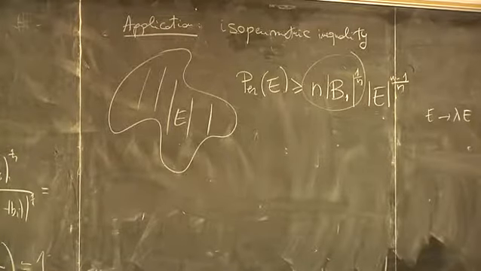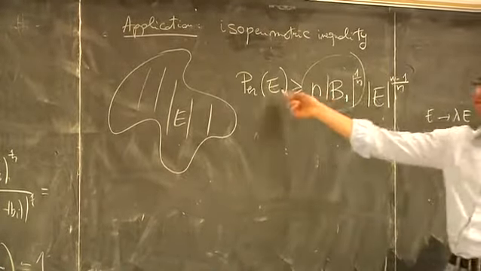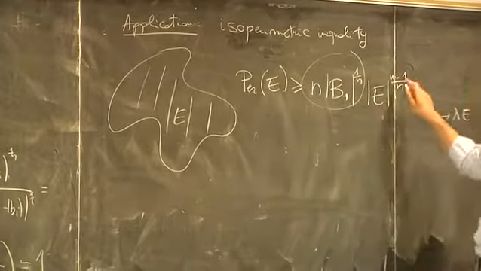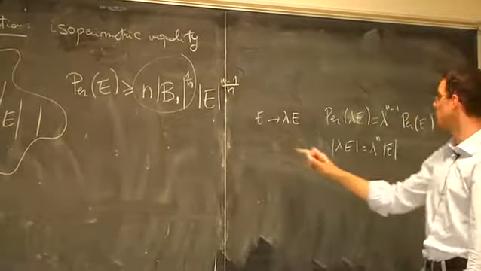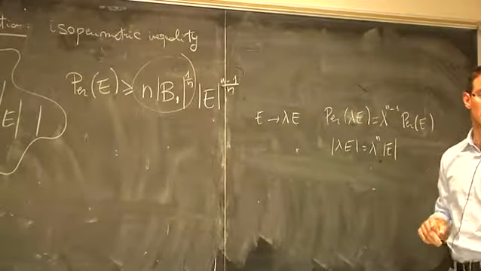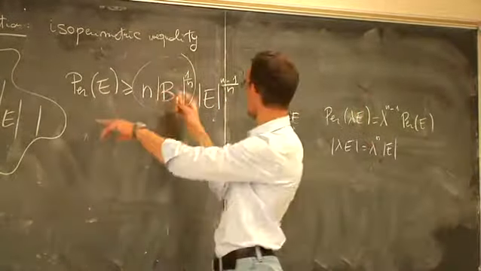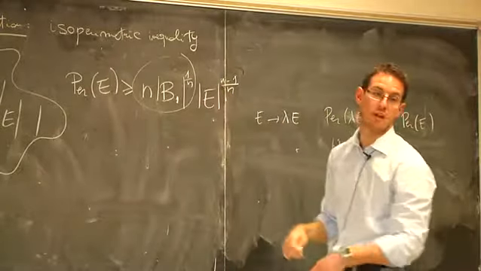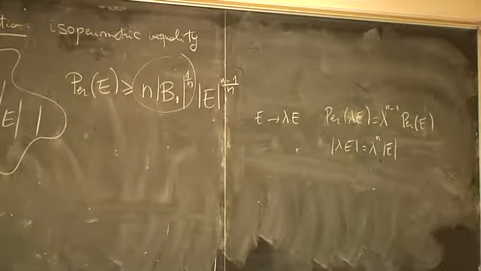While the volume of lambda E scales like lambda to the n times the volume of E. So the only way this inequality can be true for every set is with this power, because if you put a lambda, the lambda falls out and you can simplify them. So that's the only possible power.